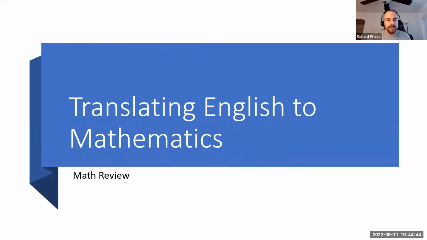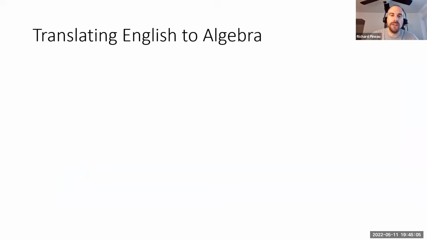All right, the next segment that we have is translating English to mathematics. This is a short one, I promise. This is an important set of skills that you're going to need a little later on in the course, specifically when you have to understand the written component of a problem, and we need to write some sort of expression to help us understand a little more of the statistics.